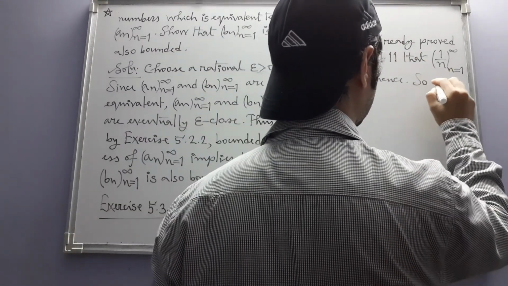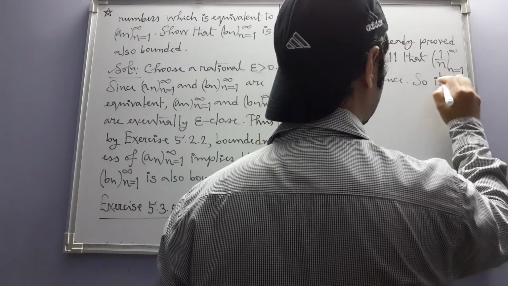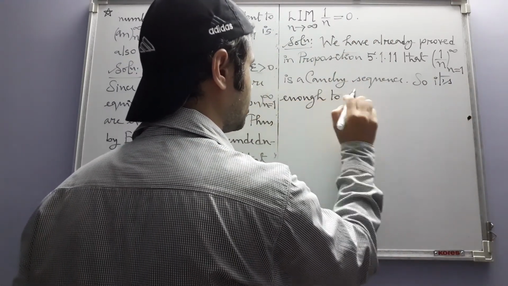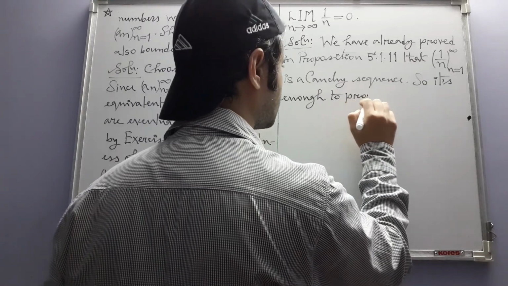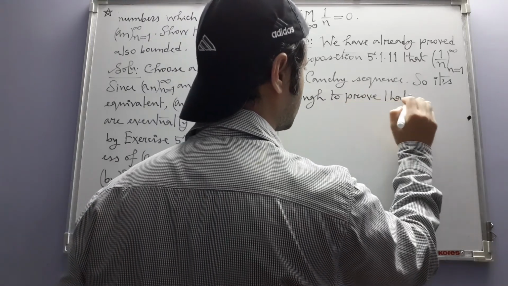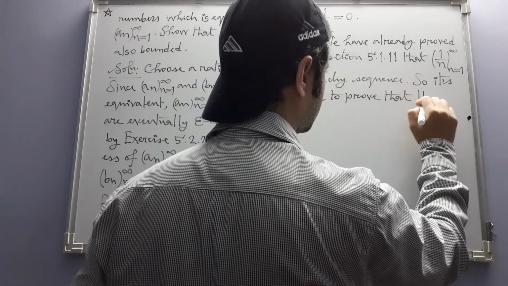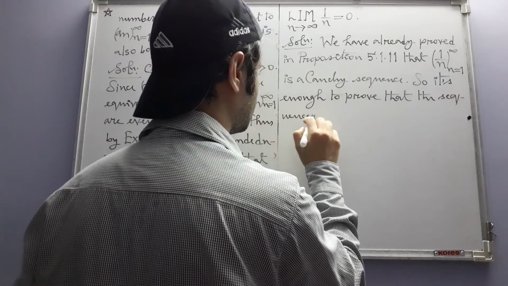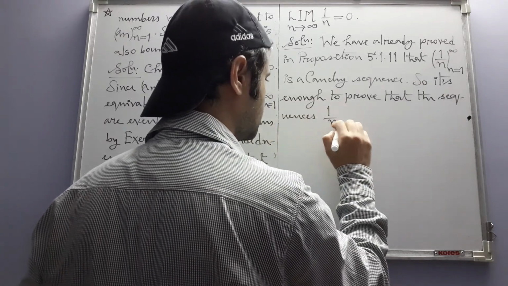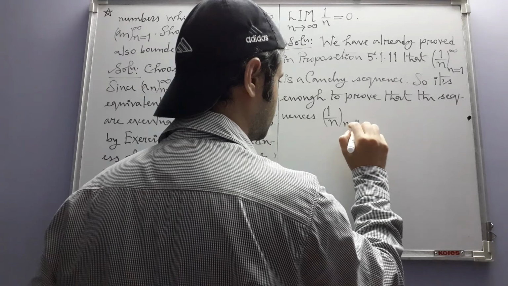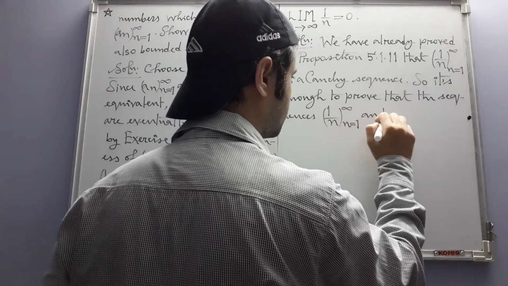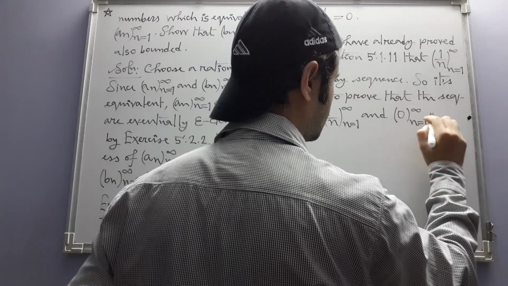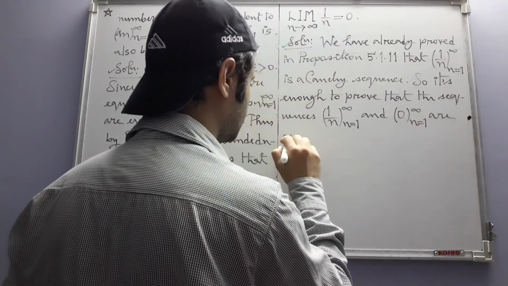So it's enough to prove that the sequences 1 over n and 0 are equivalent.